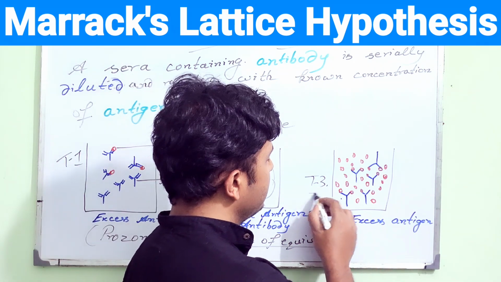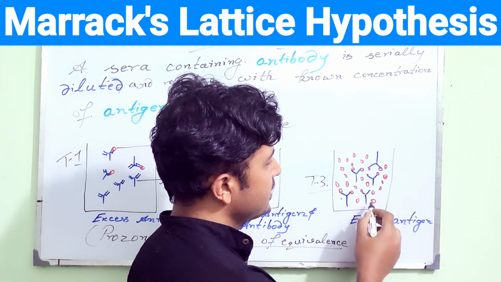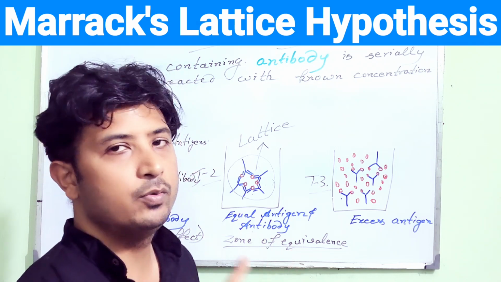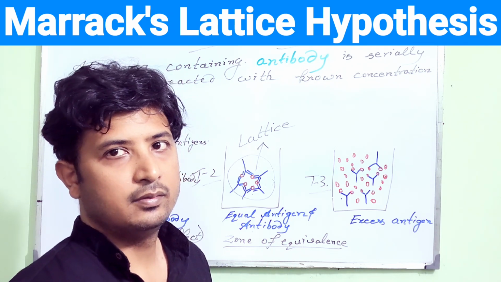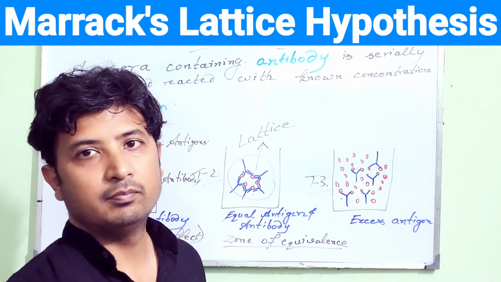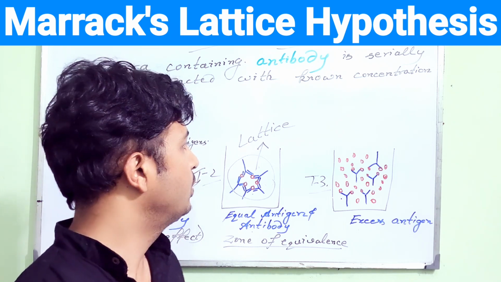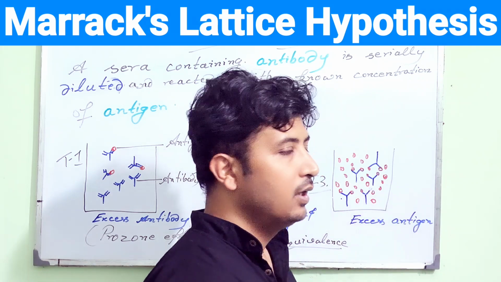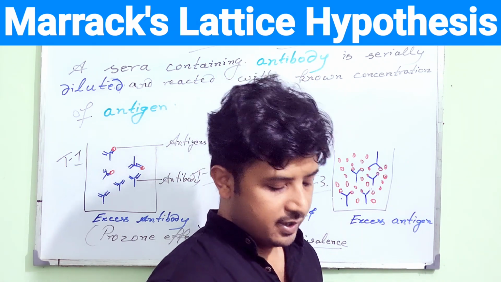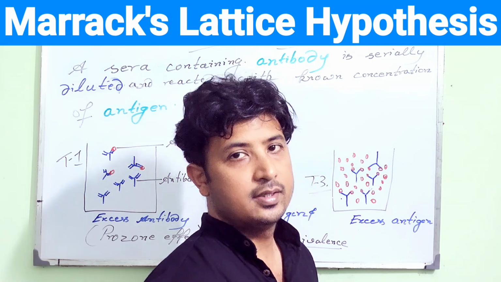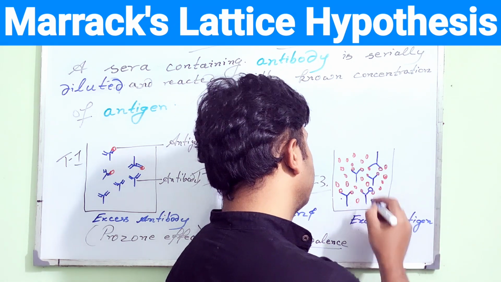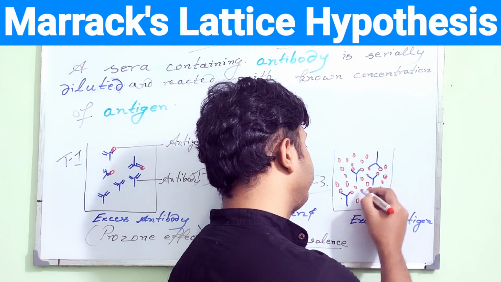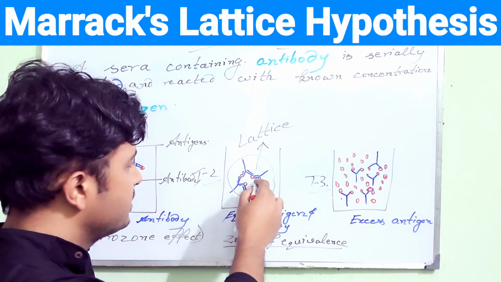Now, in the third case, tube 3, excess antigens are there compared to antibodies. So here all the antibodies are occupied with the antigen, just opposite to the first tube. But why is there no lattice formation? Because the excess of antigens will interfere with the electrostatic interactions or the weak interactions between the antigen and antibody, which help to maintain the lattice structure.